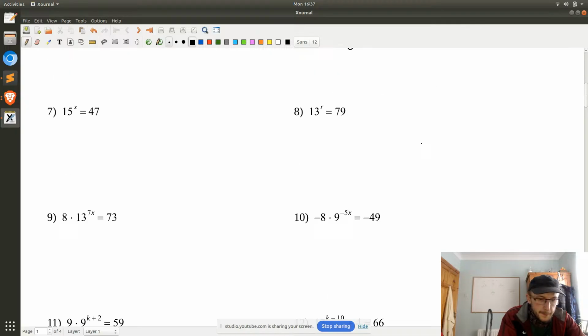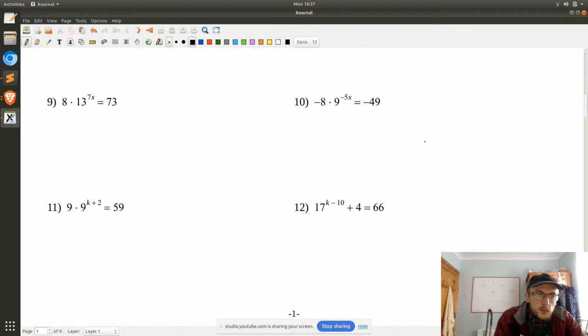Come on. Log base 47, log divided by log, like that. 1.4217. And finally, log 13, 1.7035.